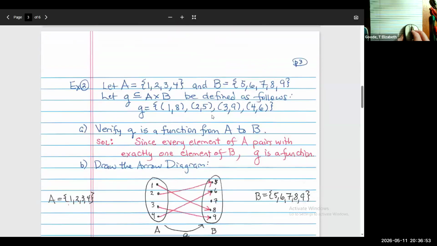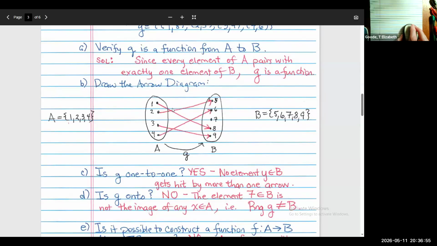Let's look at some other examples. Let's look at this arrow diagram. Is it one-to-one? Does each element in the codomain have at most one arrow hitting it? Yes. Is it onto?